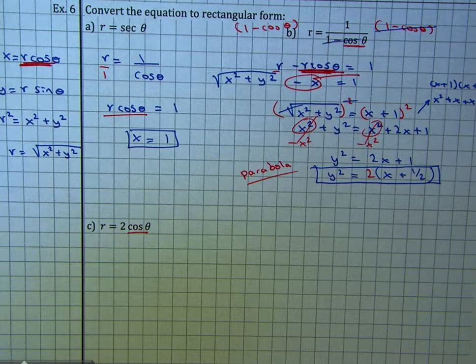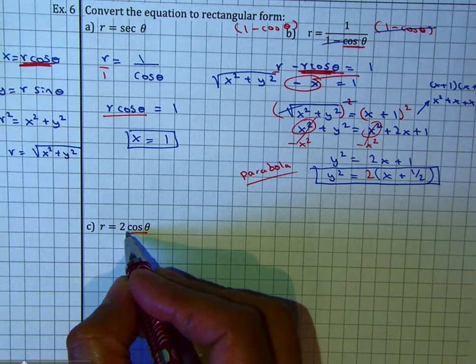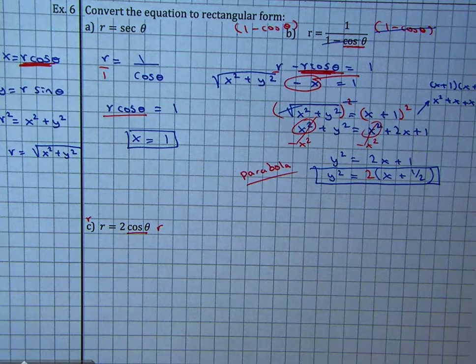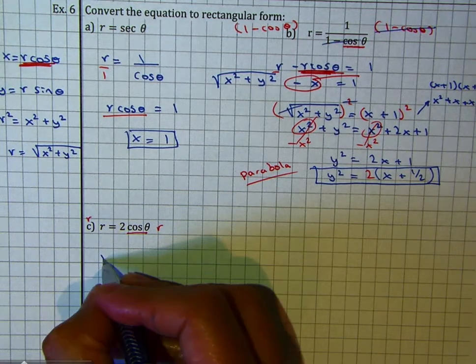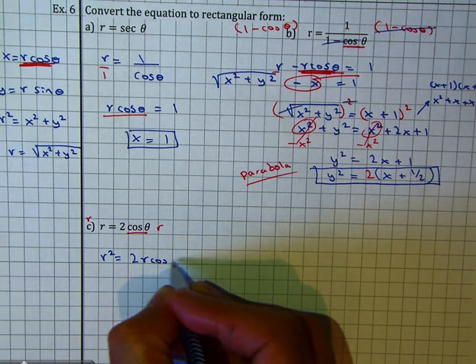There's more than one way to do this. If I need an r in here, I'm basically just going to multiply both sides by r. So that gives me r squared equals 2r cosine of theta.